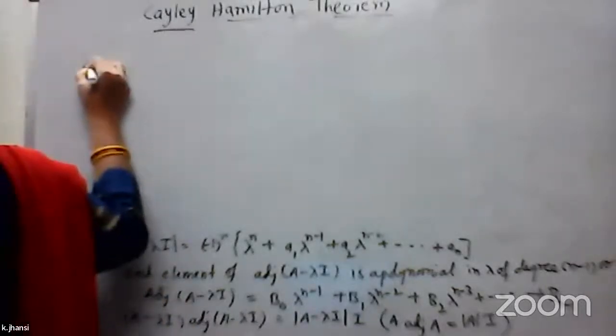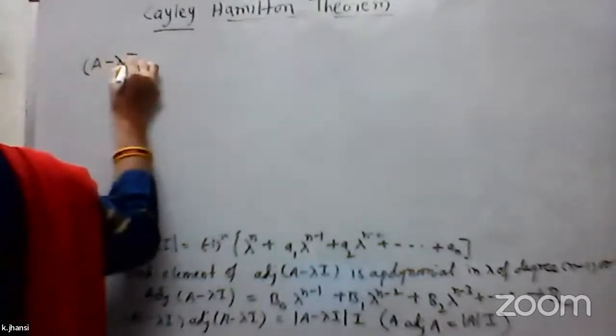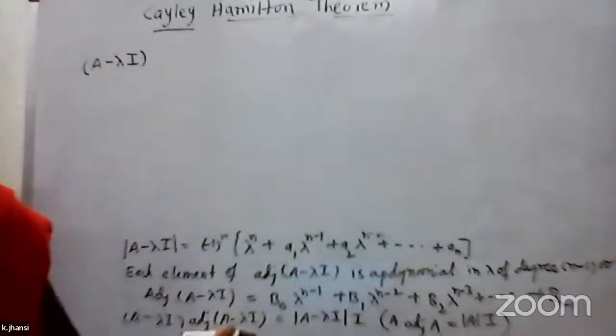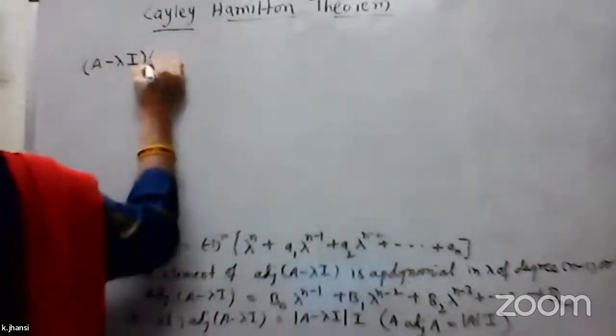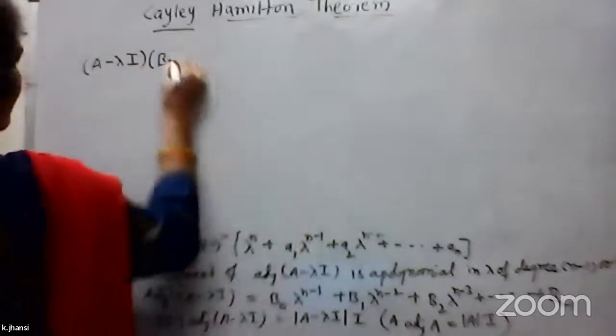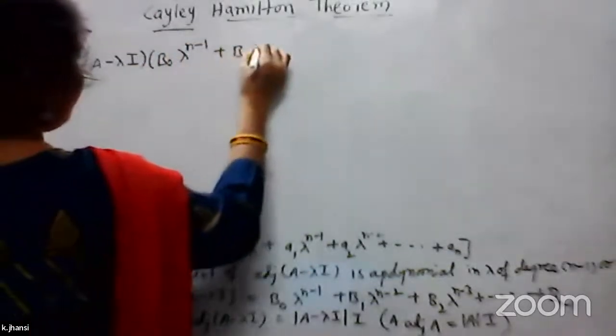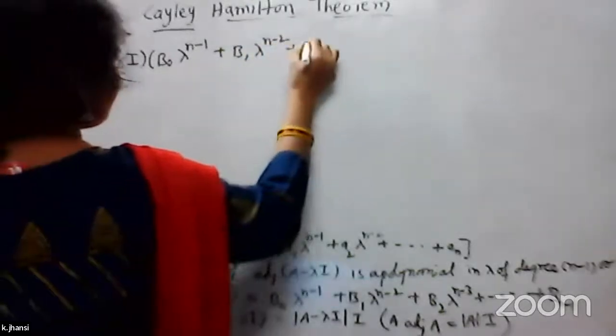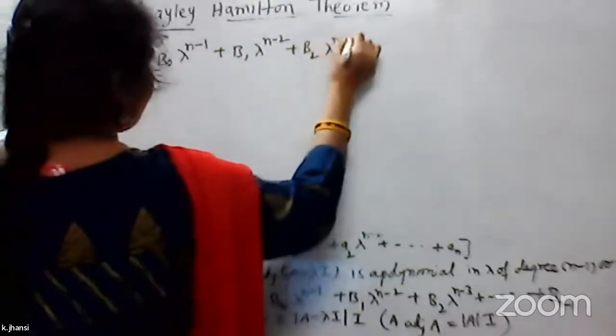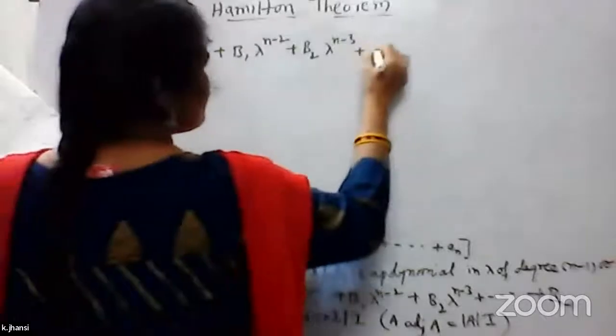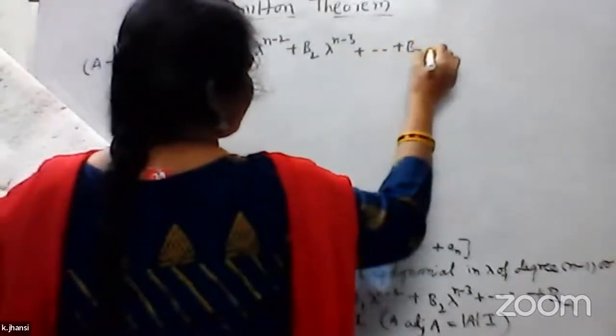So here A minus lambda I into adjoint of A minus lambda I, this value is b naught lambda to the power of n minus 1 plus b1 lambda to the power of n minus 2 plus b2 lambda to the power of n minus 3, and so on up to b n minus 1.